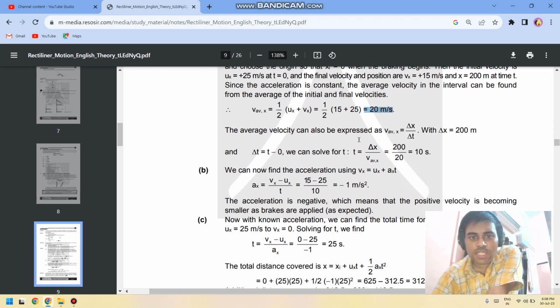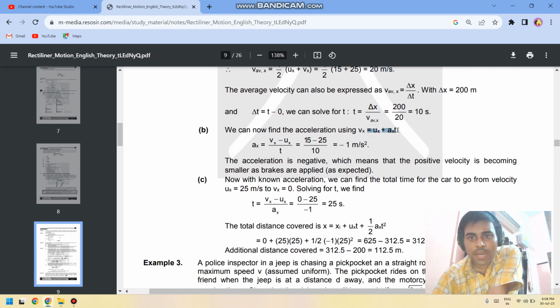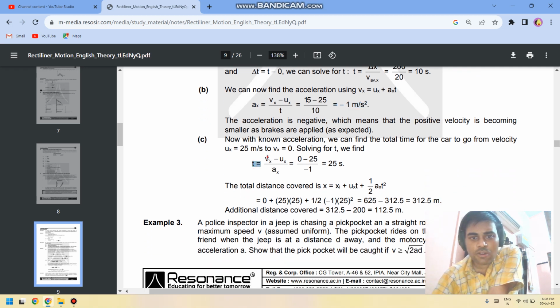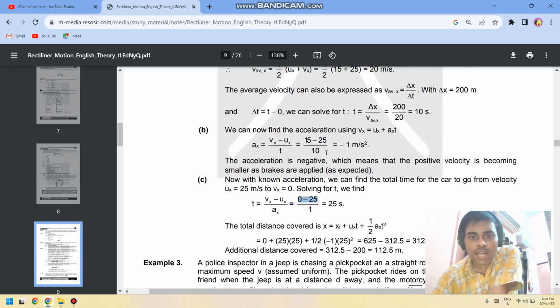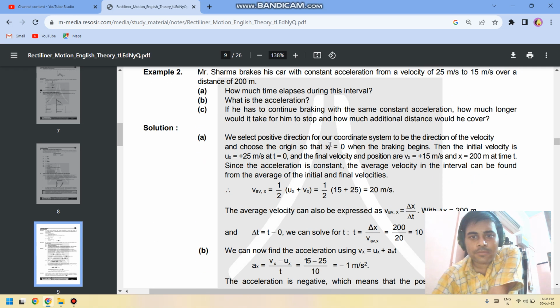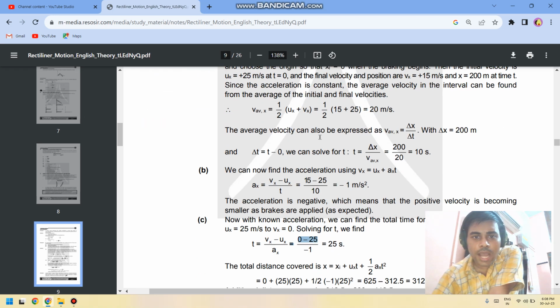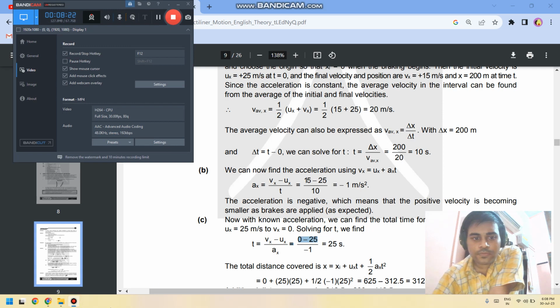This is a very easy question. And v equals u plus at, so a equals v minus u by t. This is the formula for acceleration. This is minus 1 meter per second square. Now t is equal to v minus u by a, that is equal to 0 minus 25 divided by minus 1. I am not asking you to solve these problems. I am saying that you should understand what the problem is about.